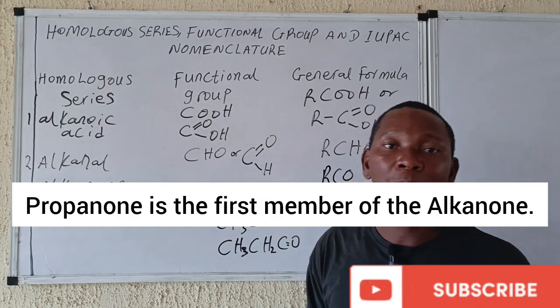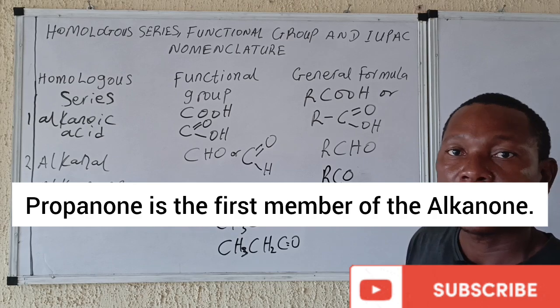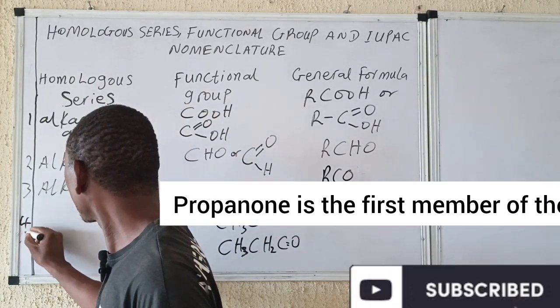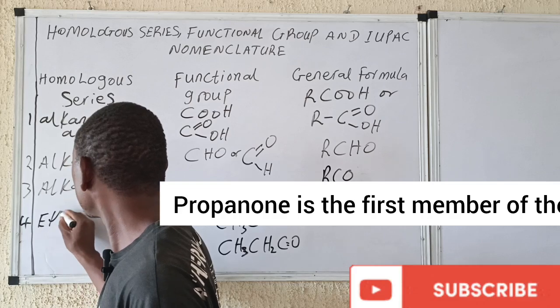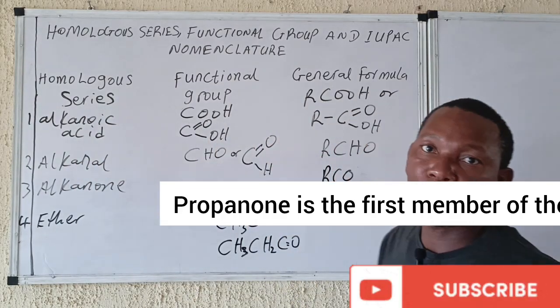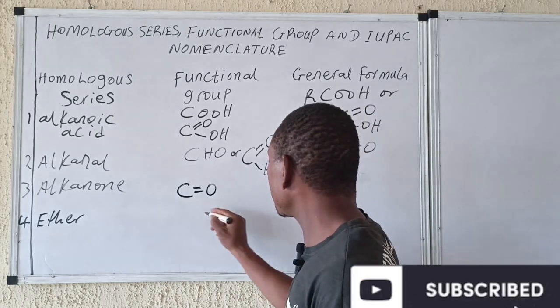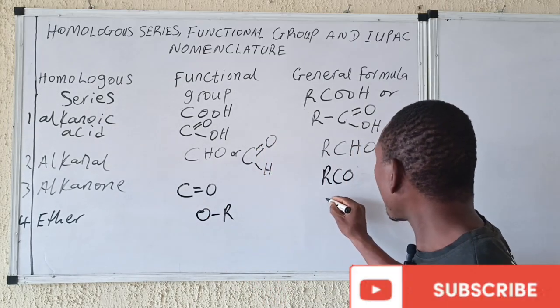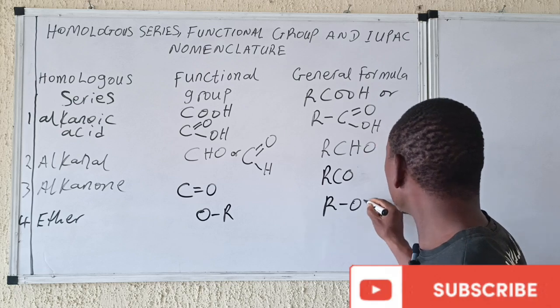The next member we are going to talk about is the ether. Ether, all right? And ether is very unique. Their functional group is actually OR, and their general formula is ROR.